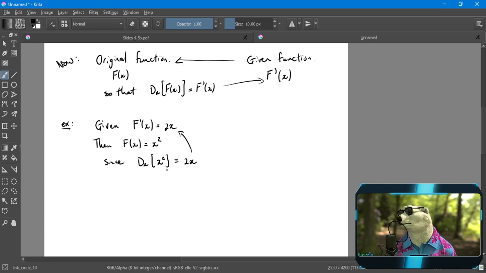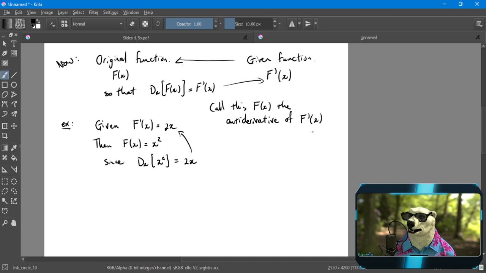So the nice thing about this is that it's not really new. I'm still relying on my established derivative properties. But when I ask this backwards, we call this original function the antiderivative of that derivative.